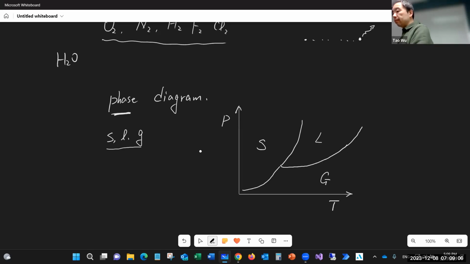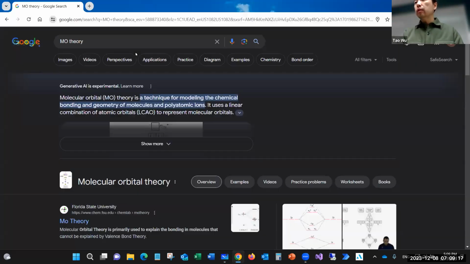So what does that mean? If you have a certain pressure that shows up here, I can give you one example with the water phase diagram.